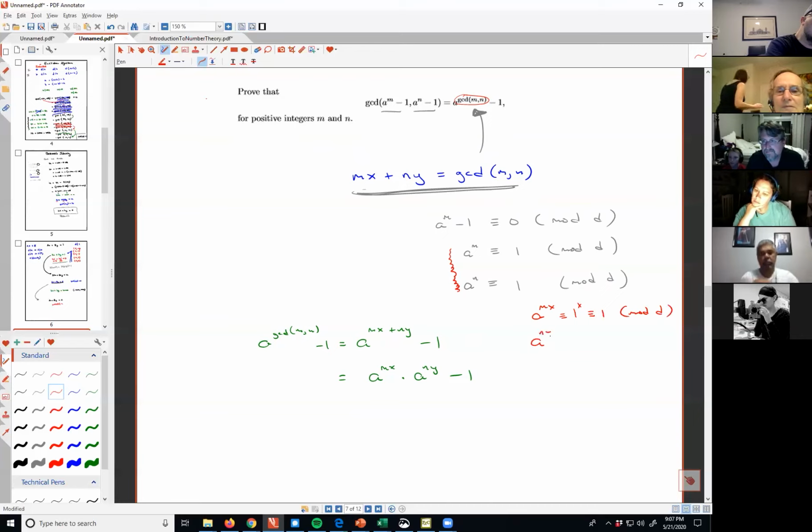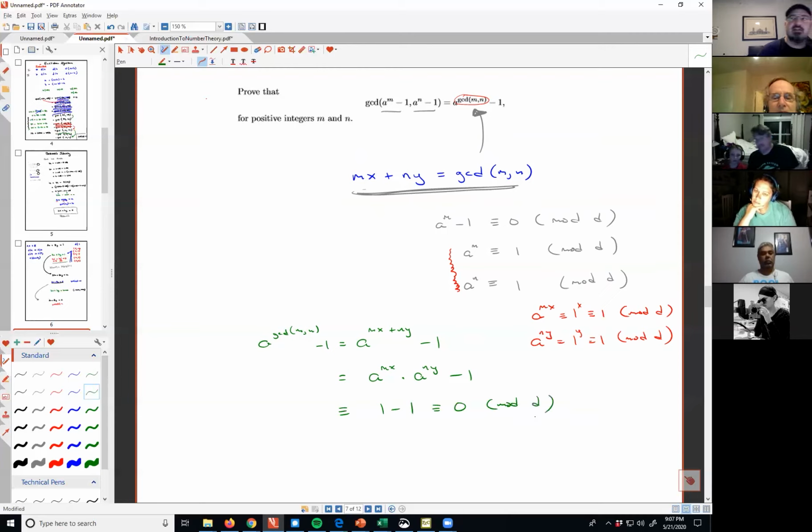And similarly, a to the ny is 1 to the y, which is 1 modulo d. We multiply that together and we have 1 times 1 minus 1. So this is 0 modulo d. And that's it, we're done.